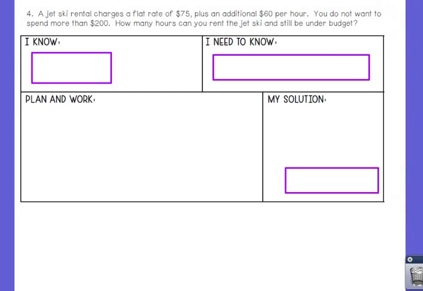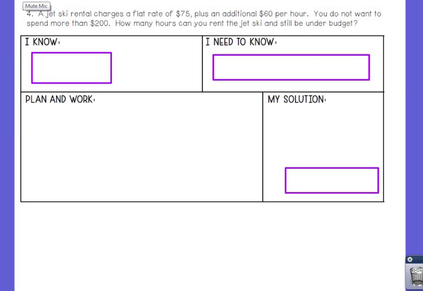Okay, number 4 reads, a jet ski rental charges a flat rate of $75 plus an additional $60 per hour. You do not want to spend more than $200. How many hours can you rent the jet ski and still be under budget? All right, so take a minute, try and write your inequality, and we'll check it.